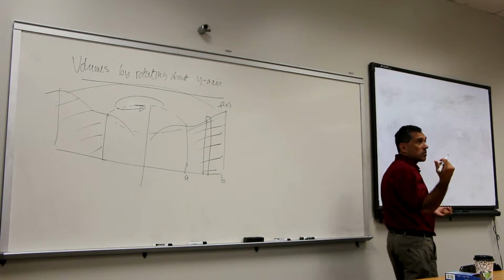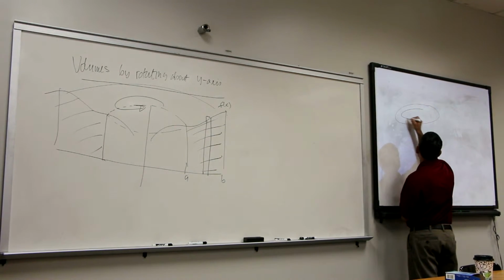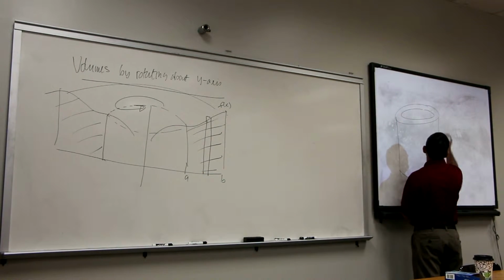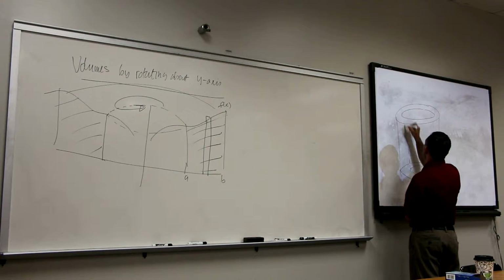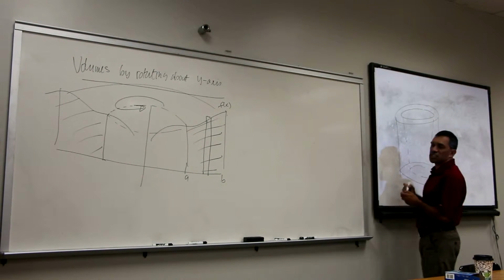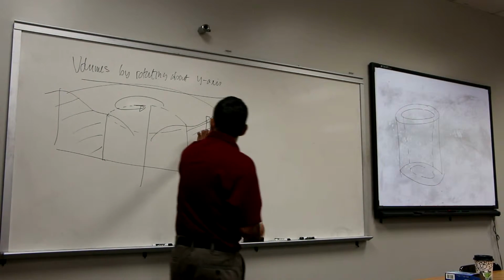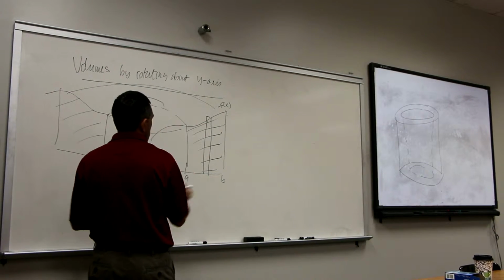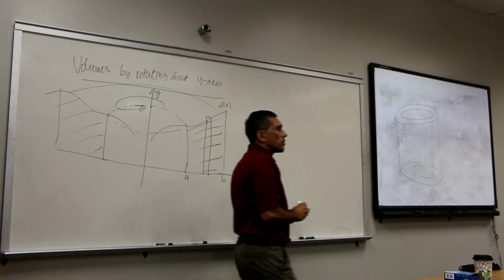Then when you do that, you will notice the thing you will pick up is a shell. You take this point and you rotate it about the y-axis. You want to pick up a shell.